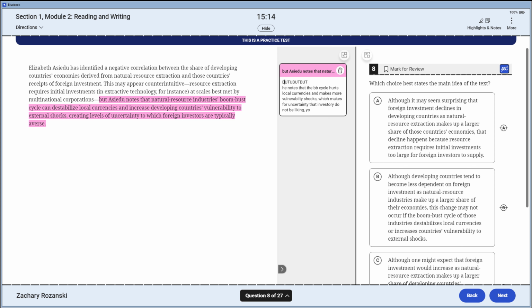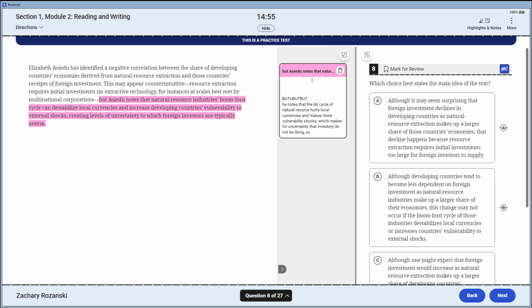So the boom-bust cycle of natural resources hurts local currencies and makes countries more vulnerable to shocks, which creates uncertainty that investors do not like.